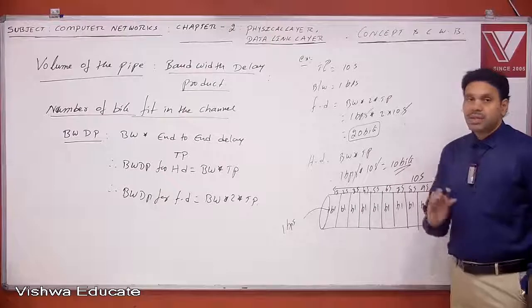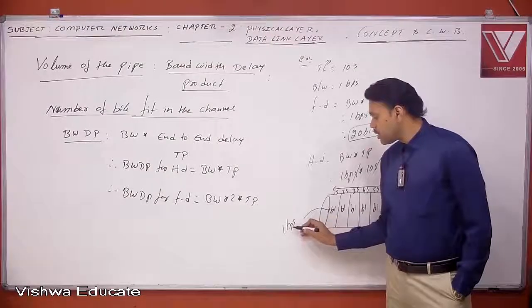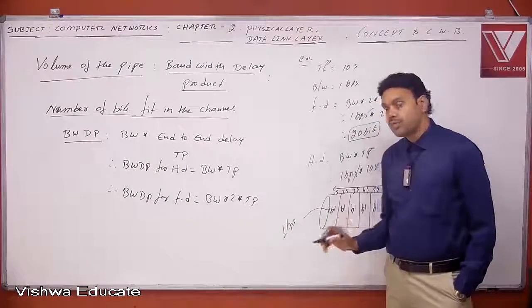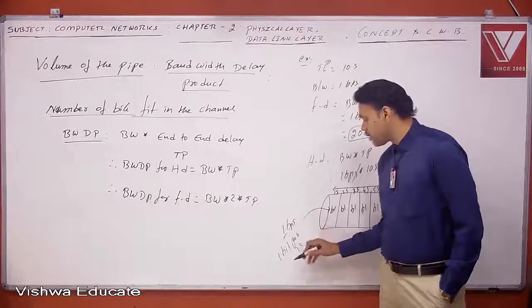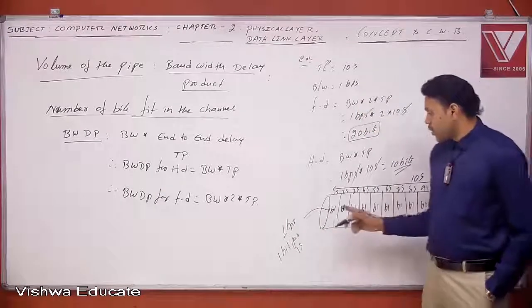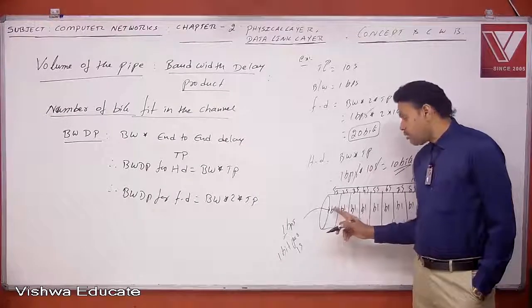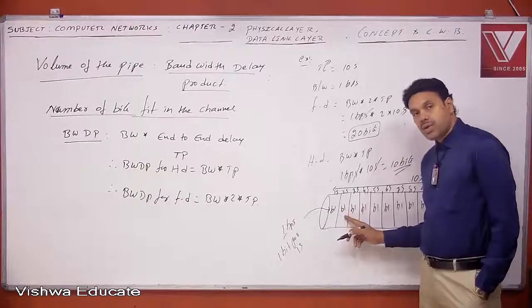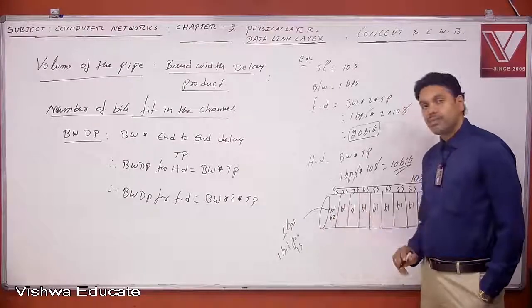During this, the sender will not be idle. Why? Because every second he will send how many bits? One bit. So 1 bit per 1 second. That means when you send bit 1 and it moves to the next slot, then here comes bit 2.